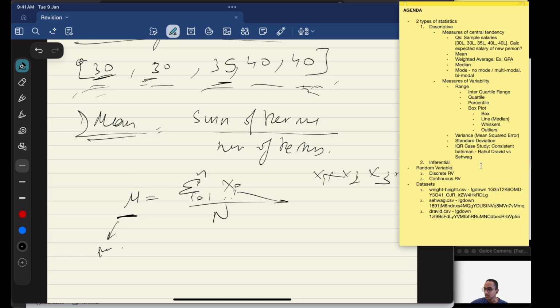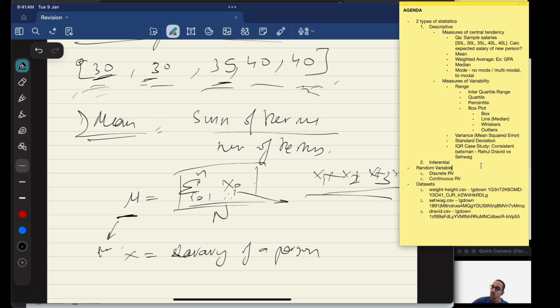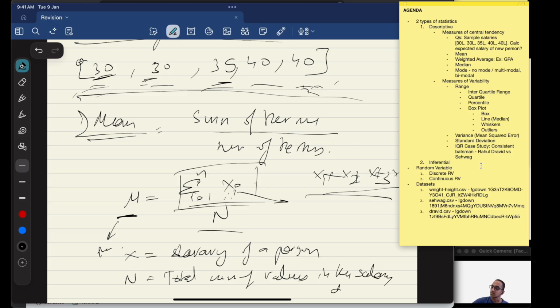So instead of writing all this, we use this shorthand to express it. x is the individual element, in this case the salary of a person, and n is the total number of terms, or total number of values in the salary data set. Yeah, I hope that was clear.